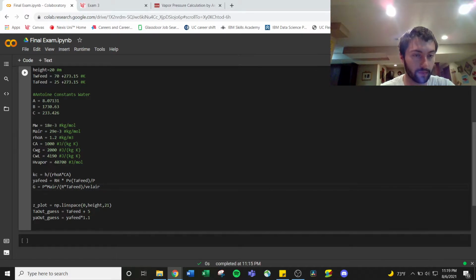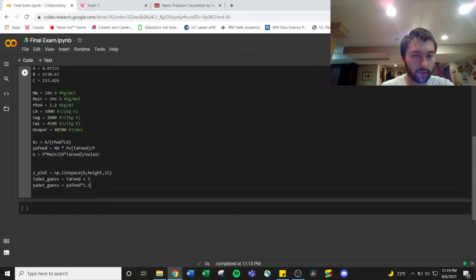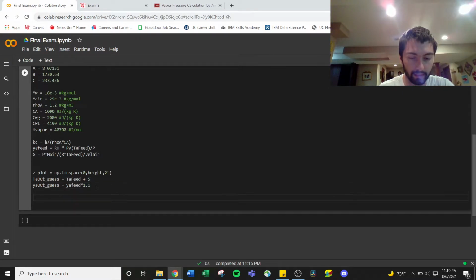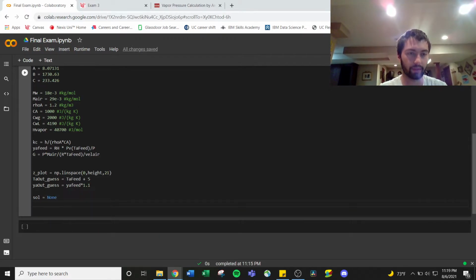So we'll put that in there. And I'm going to make an empty variable for the solution, and we're just going to say for now that's equal to none. And this is just so we can have a global variable solution rather than the one that's just going to come inside of a function later. So that'll come in handy.